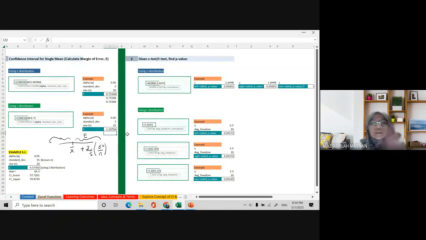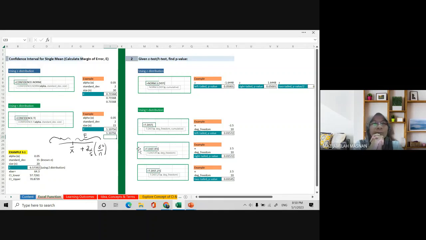So let's say we go to an empty cell, put equal to, and then CONFIDENCE.T, not underscore T, just dot T. If you wish to use the same method, key in the value, the standard deviation is 2 and the sample size is 15, then close the bracket and enter. So you will get your margin of error using the T distribution.